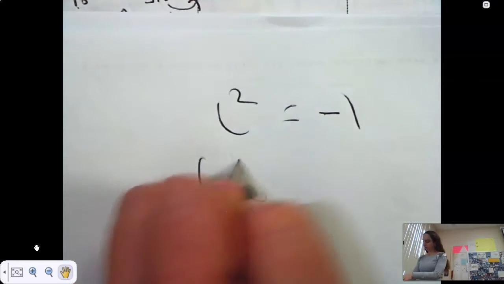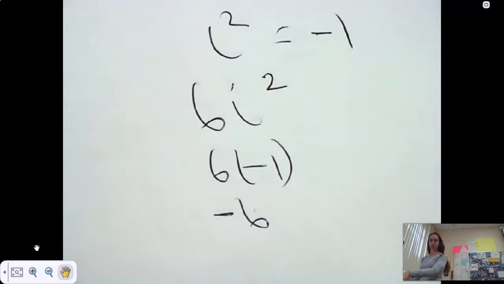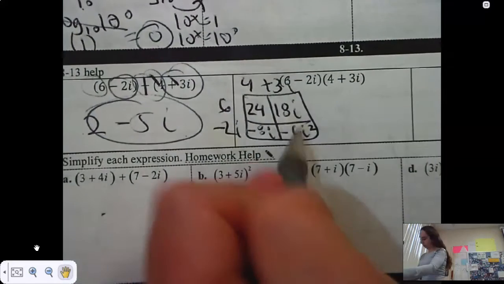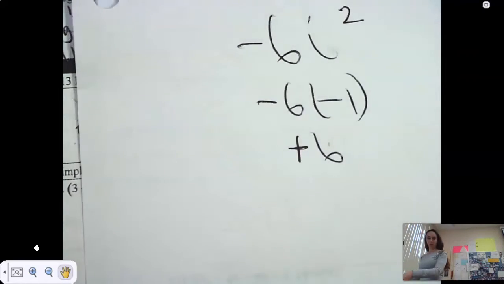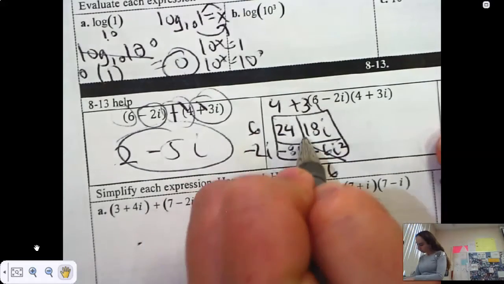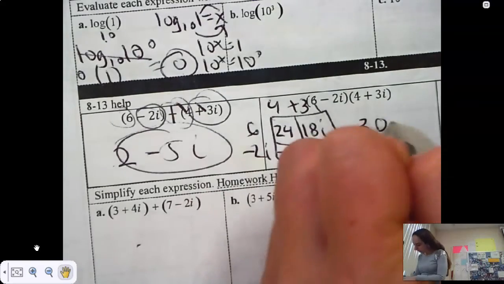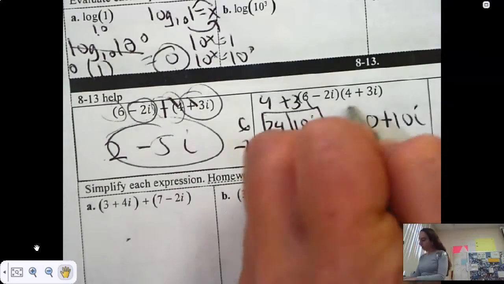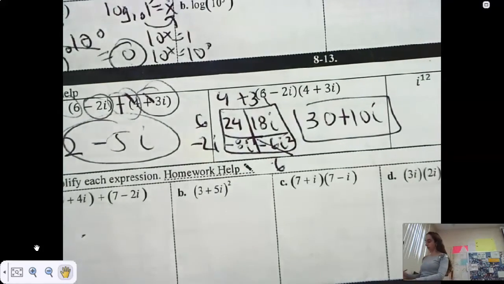So if I have negative 6i squared, I really have negative 6 times negative 1, which is positive 6. Oopsies, I'm sorry, it was negative 6i, so that would be positive. So this is really positive 6. 24 plus 6 is 30. 18 minus 8 is 10i. You cannot check these answers in the calculator because they are imaginary.